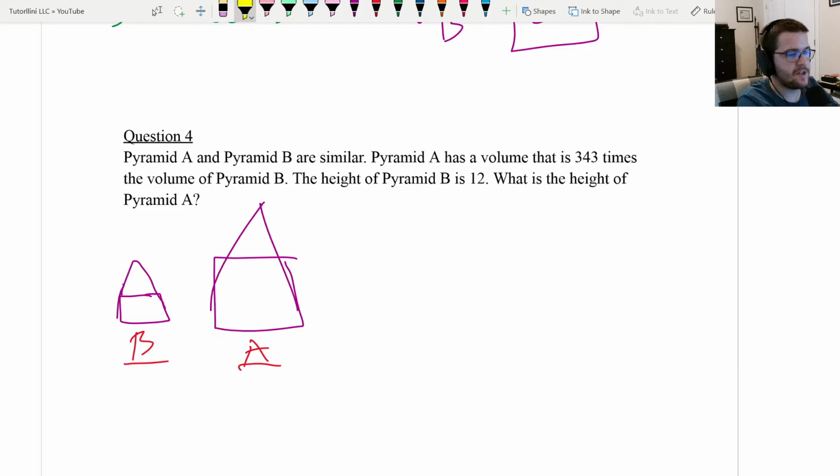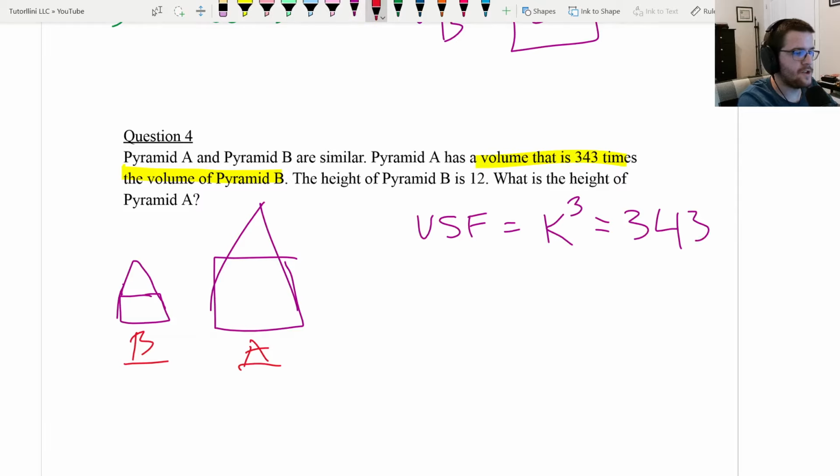And this sentence here is telling us a volume scale factor, which we said is equal to K cubed. And to solve for K, we are going to take the cube root of both sides.